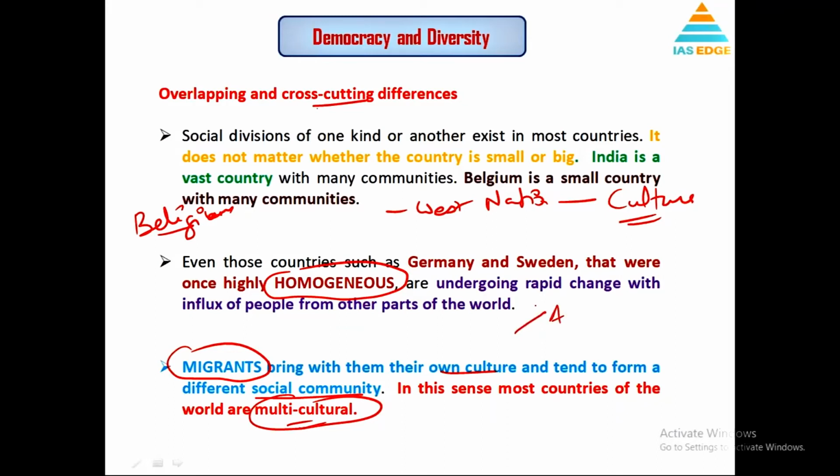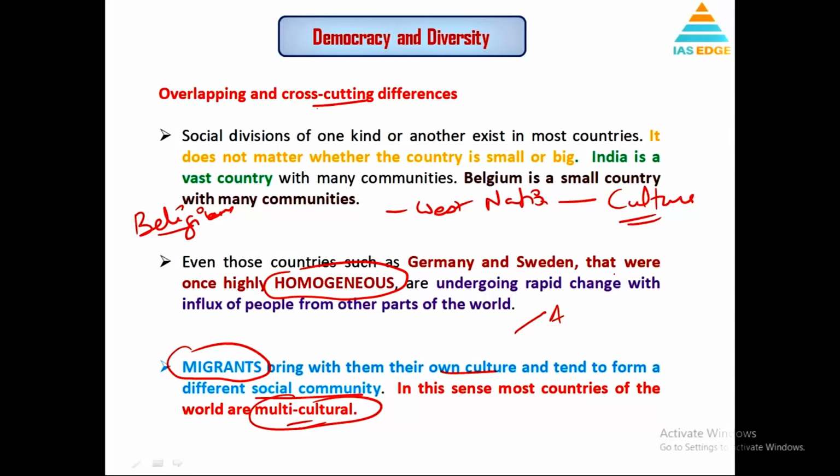Probably not. And that is where we have found that when migrants go there, they develop their own culture, they make a different social community. So in America, we have Asian Americans, Indian Americans, African Americans, Italian Americans, French Americans, and a new kind of nomenclature is coming.